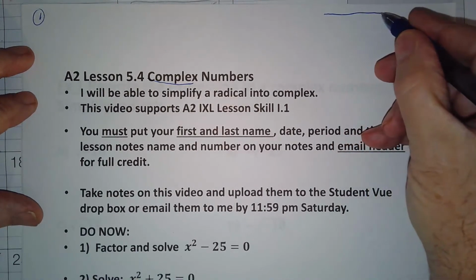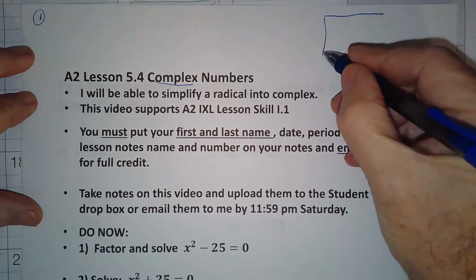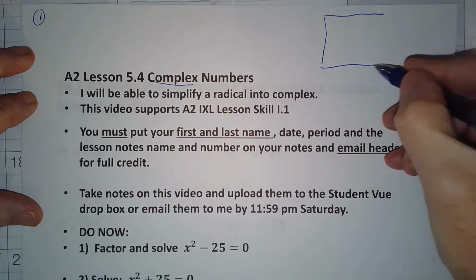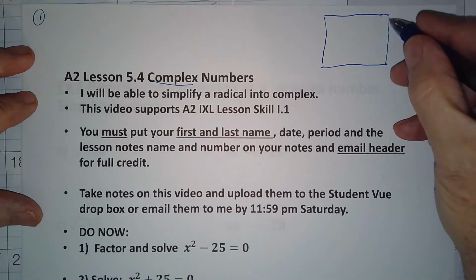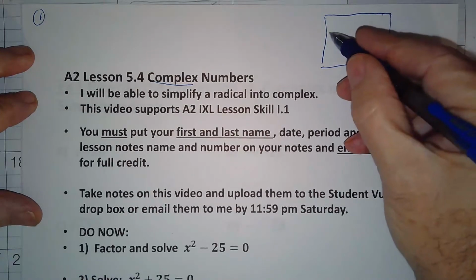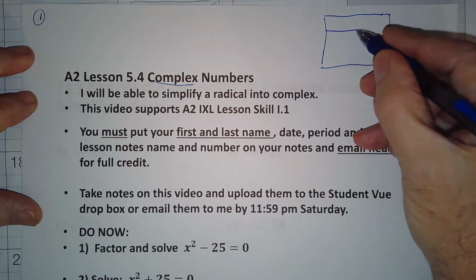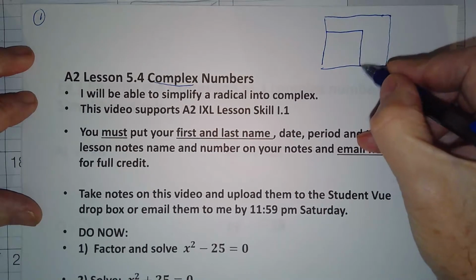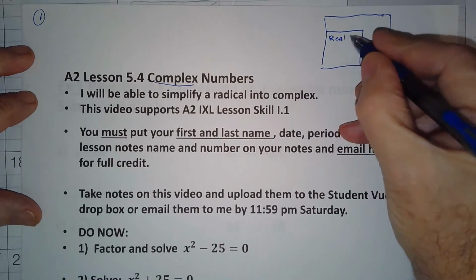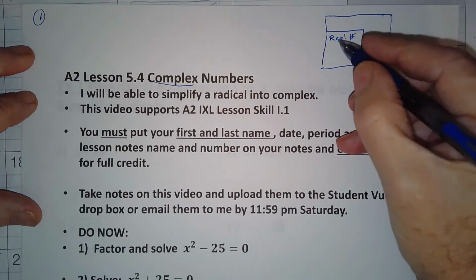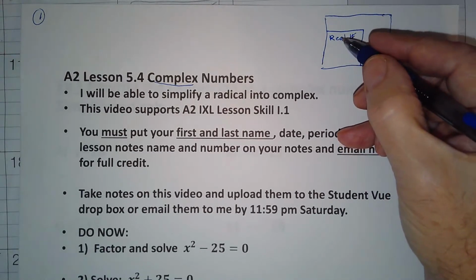All the numbers can be contained in a box like this. We're just going to create this chart to sort of symbolize all the numbers in the number system. So falling within this number system are what we call the real numbers. And the real numbers are all kinds of numbers that we're used to using.